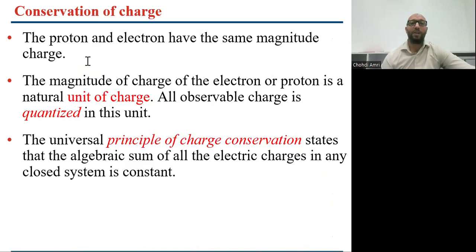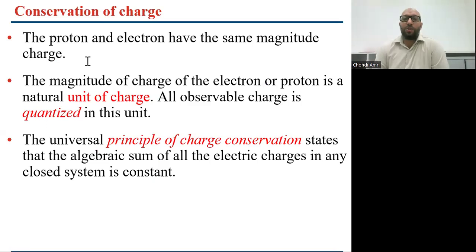Let's talk about conservation of charge. The proton and the electron have the same magnitude of charge. The magnitude of charge of the electron or proton is a natural unit of charge. All observable charges are quantized in this unit. So what does this mean?